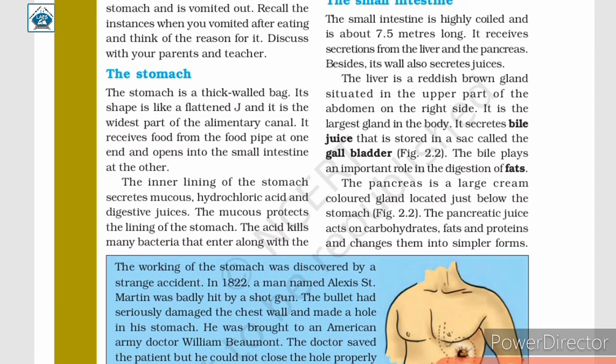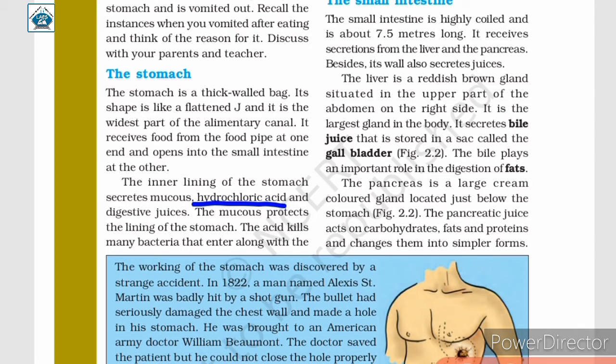The stomach's inner lining produces three things: mucus, hydrochloric acid, and digestive juices. First of all, mucus. It protects the stomach's lining, that is, it prevents the stomach from digesting itself. Second is hydrochloric acid.